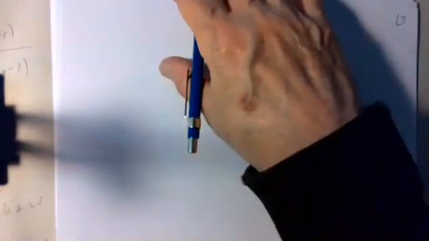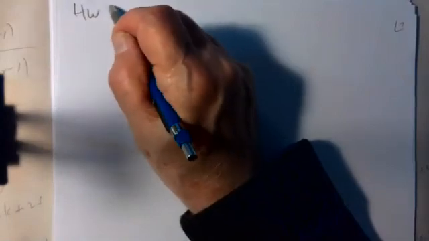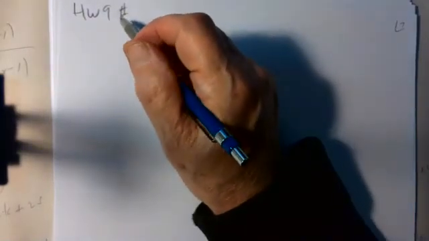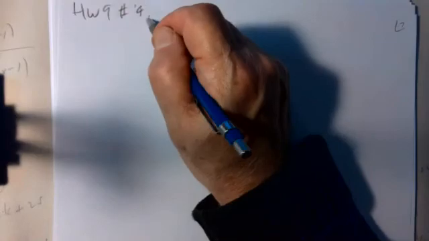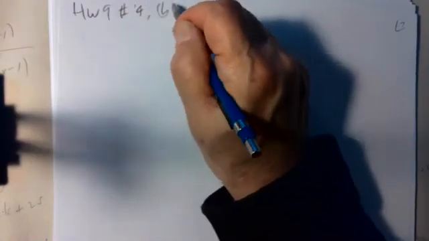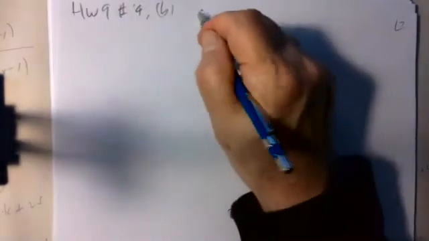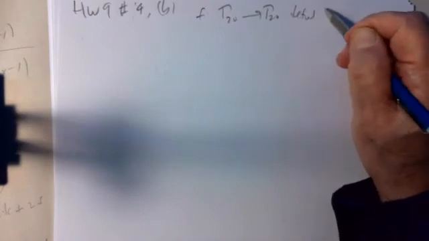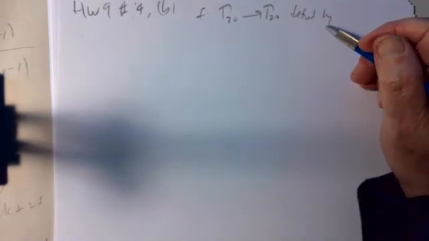So what about the next part of this problem? This is homework 9, number 4, part B. So we have a function from gamma 20 to gamma 20. So this is the cyclic group of order 20 defined by f of x is x squared.